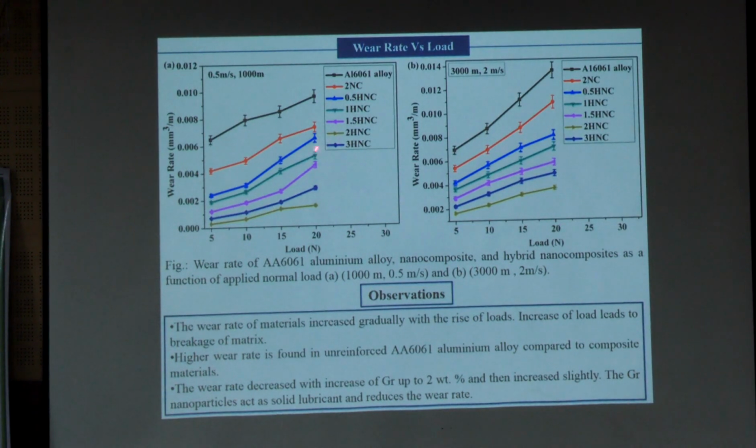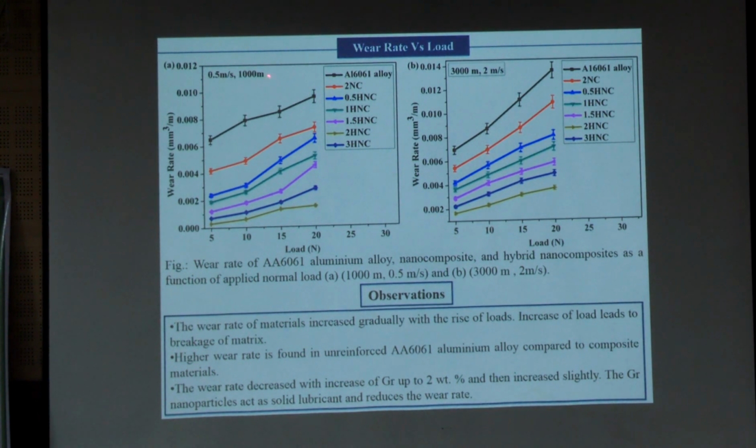But in the 2 HNC, at 2 weight percentage of SiC and 2 weight percentage of graphite, we are getting the less wear rate. This is at the same load conditions, but this one is at extreme high speed and high distance, and this is low speed and low distance.